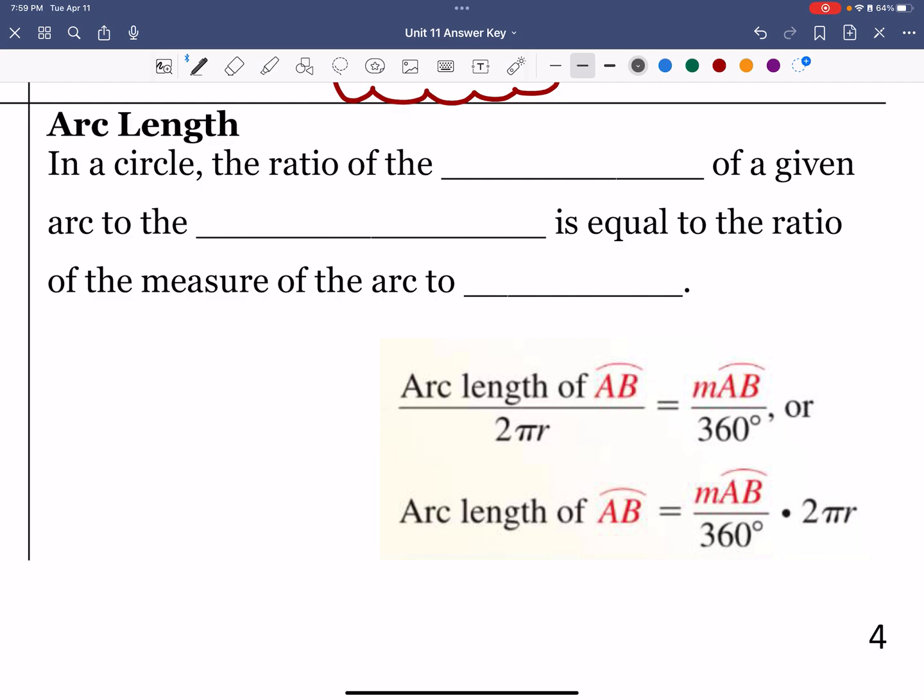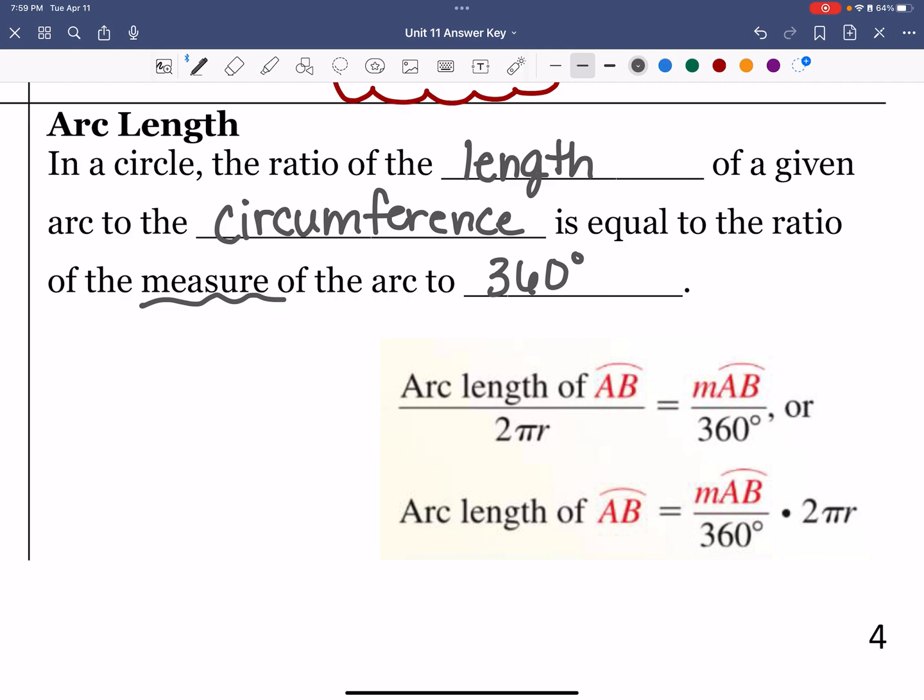So over here in a circle, the ratio of the length of a given arc to the circumference is equal to the ratio of the measure of the arc to 360 degrees. So it's equal to that measure.